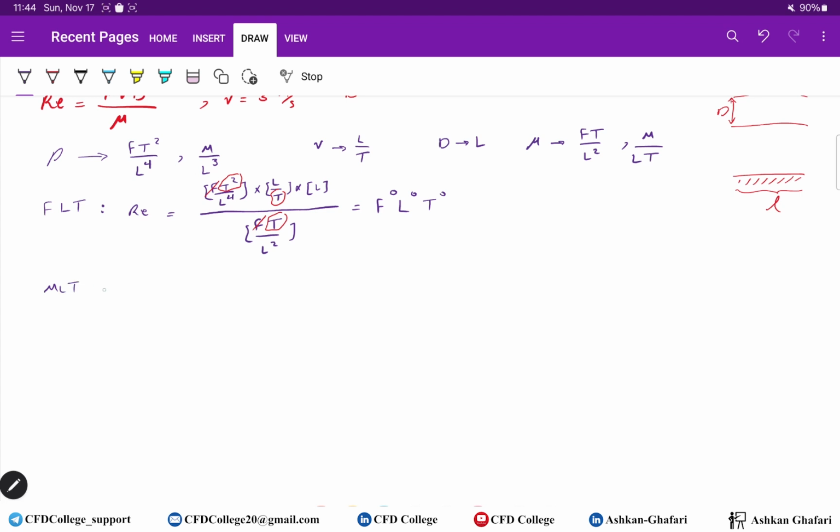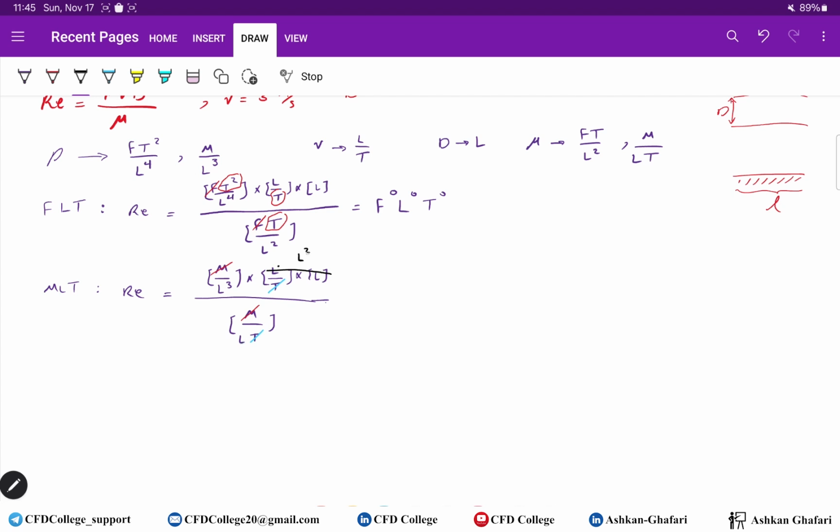In the MLT system, Reynolds number equals rho, which is M over cubic length, V is L over T, D is length, and here we have M over LT for viscosity. So the M cancels, we have T here and L squared.